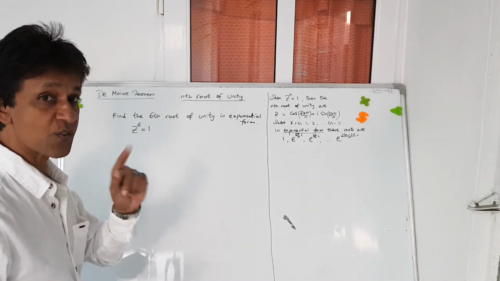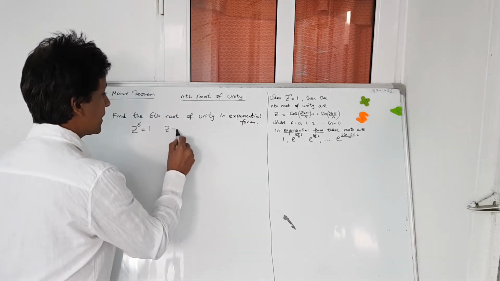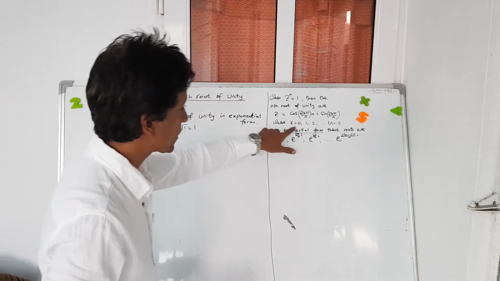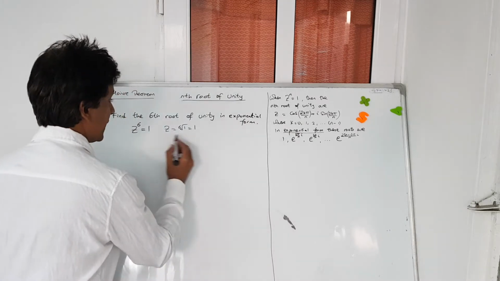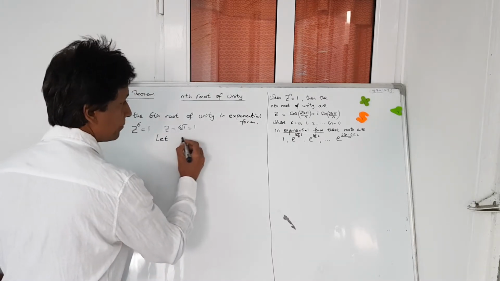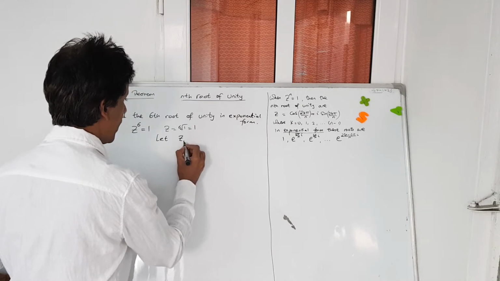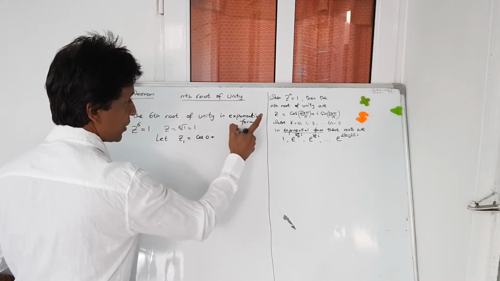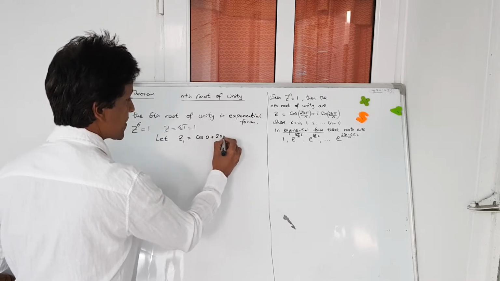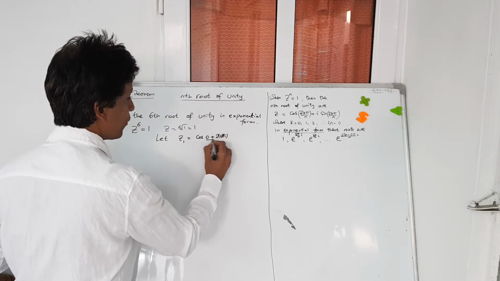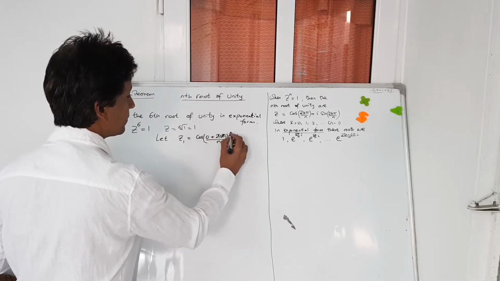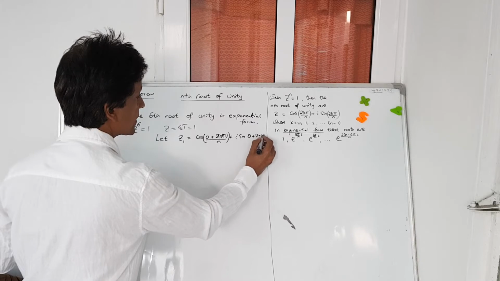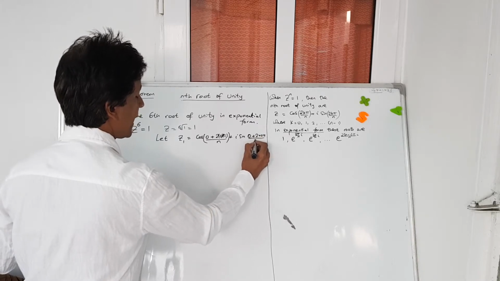The first root is already 1, because z is equal to the sixth root of 1, which is 1. For us to be able to get 1, k has got to be equal to 0. Why? Let the complex number z1 be cos of (0 plus 2 times 0 times pi) over n, plus i sine of (0 plus 2 times 0 times pi) over n.